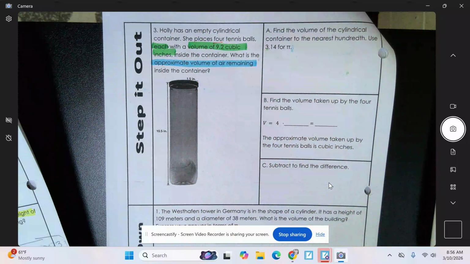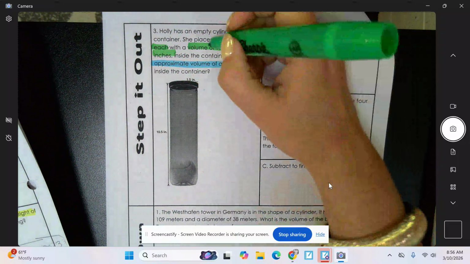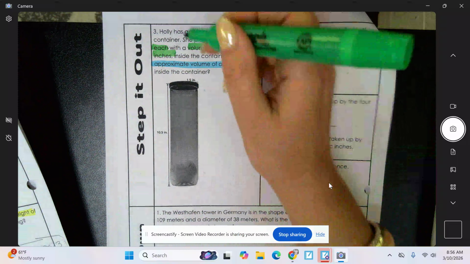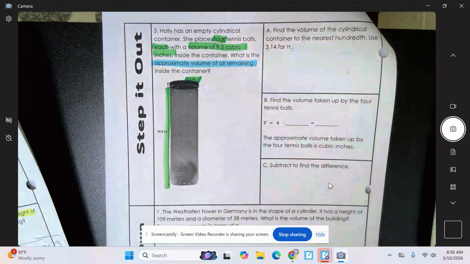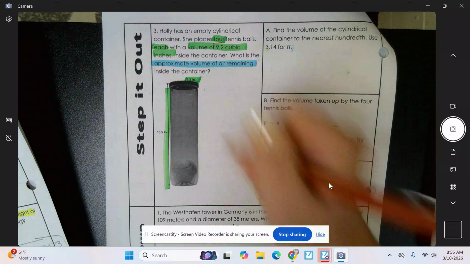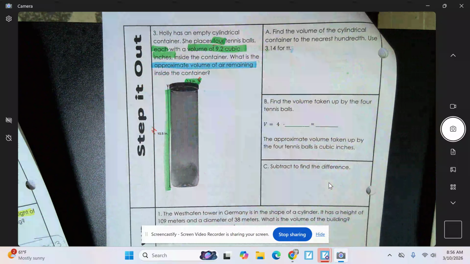What else is important? There's 4 of them. And then it's cylindrical, and we have these measurements down here, right? We have a height of 10.5, and we have a radius of 1.5. So this is my radius, this is my height.